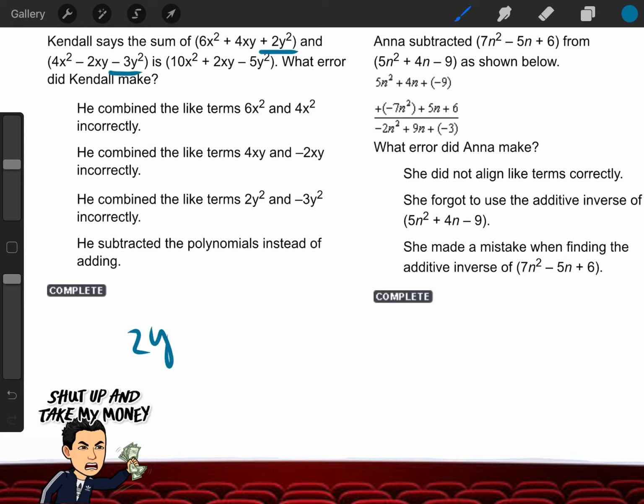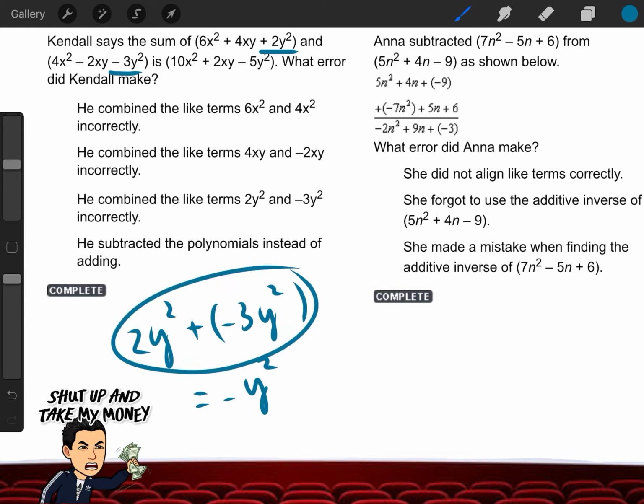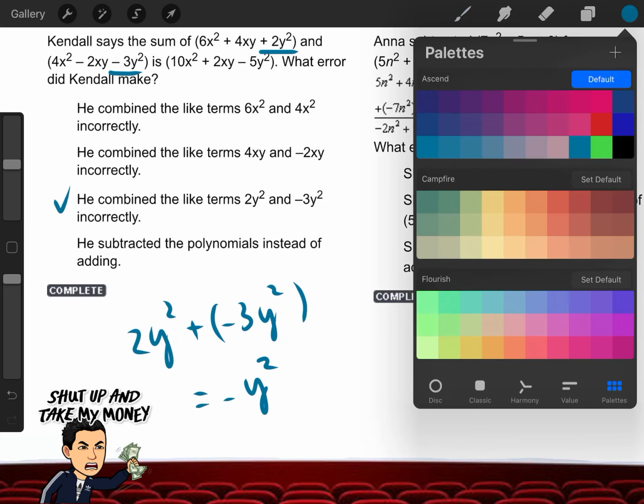So 2y squared plus, because we're talking about the sum, right, negative 3y squared, that's going to give you negative y squared. So this person is just combining these two terms wrong. Okay, so the one you want to choose is going to be letter C. Now let's look at the other one.